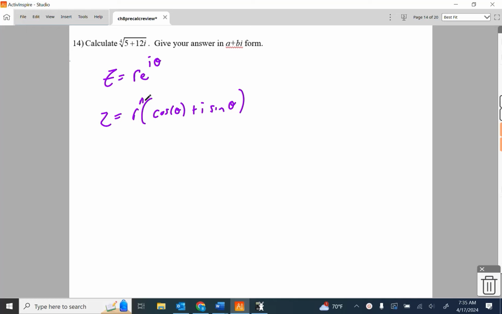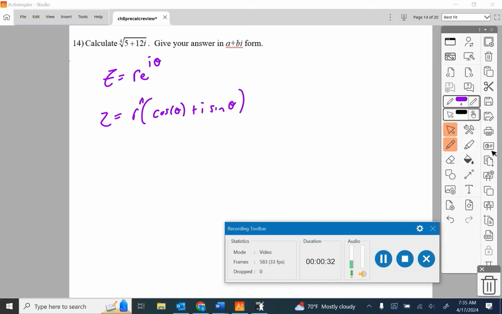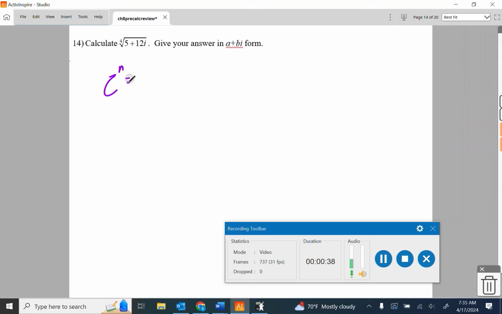Yeah, that's not right, so let me refresh that. It's z to the n equals r to the n (cosine n theta plus i sine n theta). There we go. That's de Moivre's theorem.